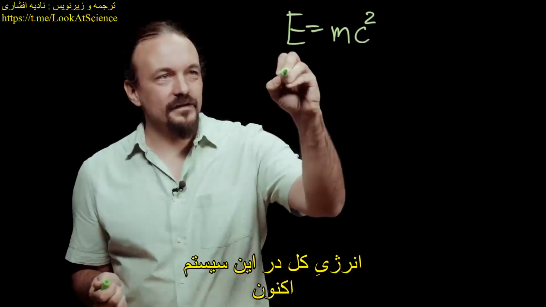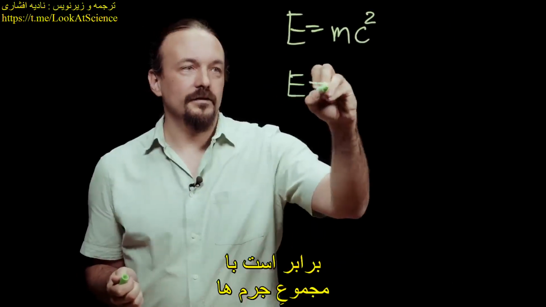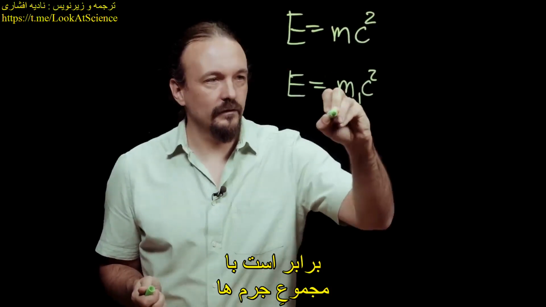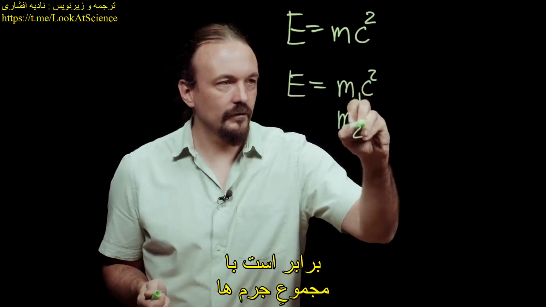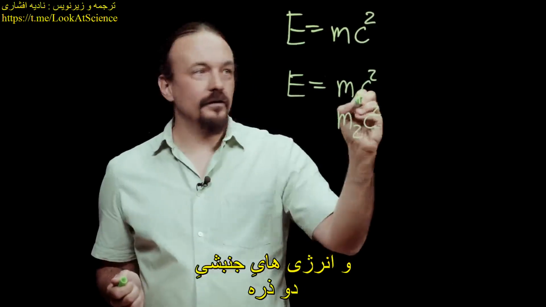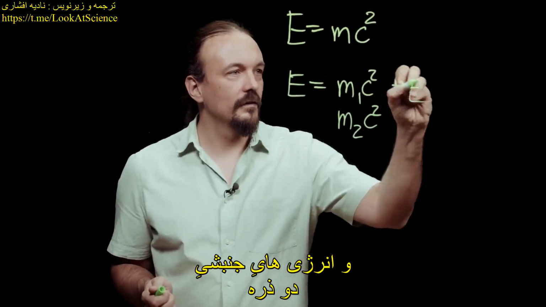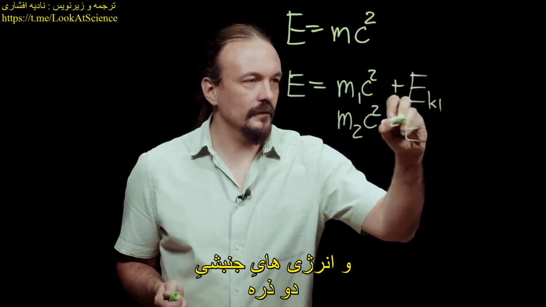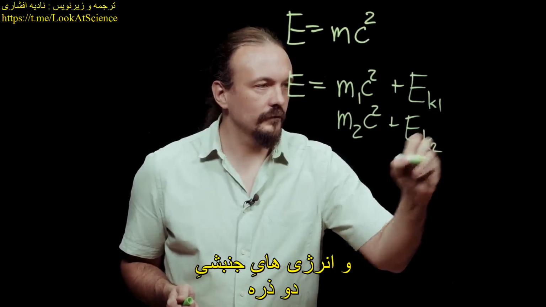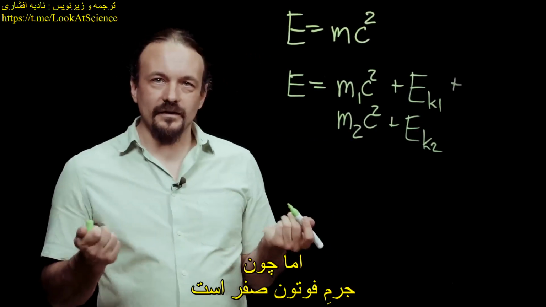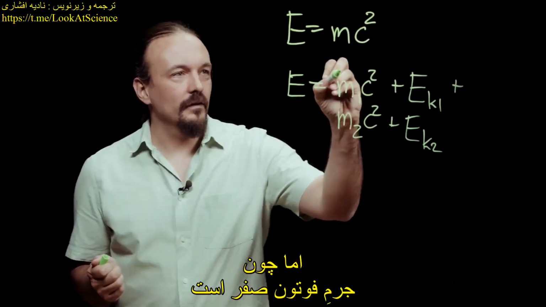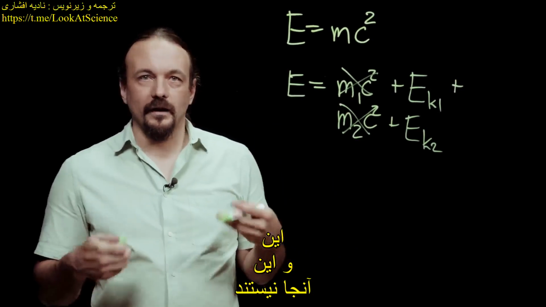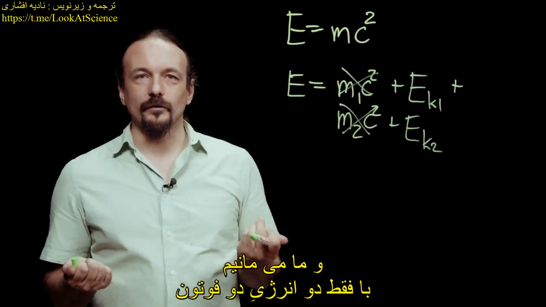The total energy in the system now is the sum of the masses and the kinetic energies of the two particles. But since the mass of the photon is zero, this and this are not there. And we're left with just the two energies of the two photons.